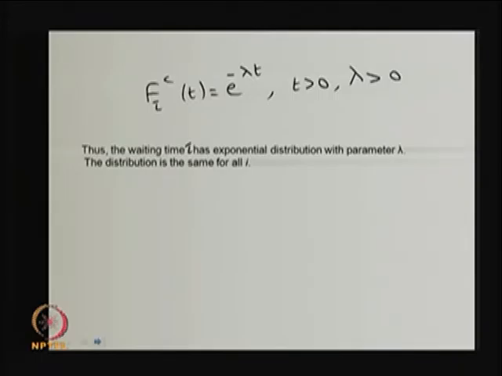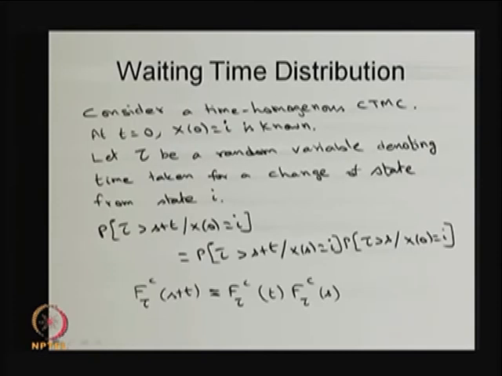We can even write lambda with suffix i, meaning it depends on i. That means the time the random variable spends in some state is always exponentially distributed with some parameter lambda, and that parameter may depend on the state i.